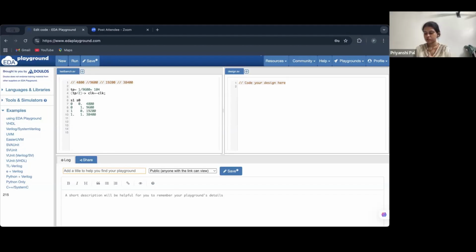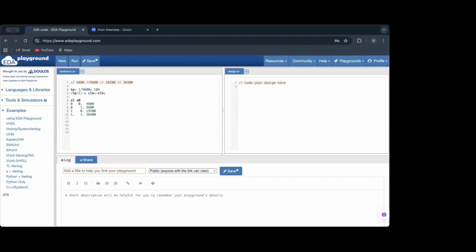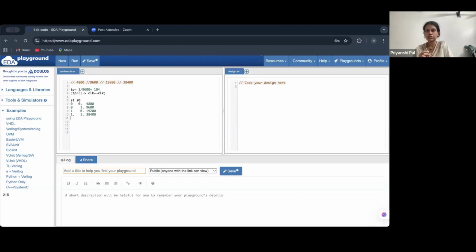Yes. So we can have multiple masters, but it's not common and it will be more complex. But we can have it.